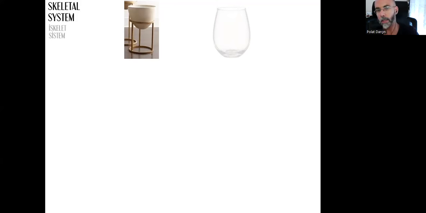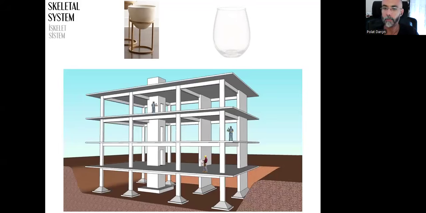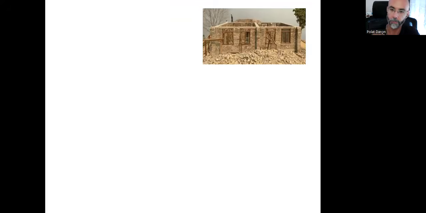In Turkish, it's called iskelet sistem. That's the structure of the building, and everything else will be attached to this structural system. And all the vertical or horizontal, all the static or dynamic loads will be met, carried and transferred by this system.